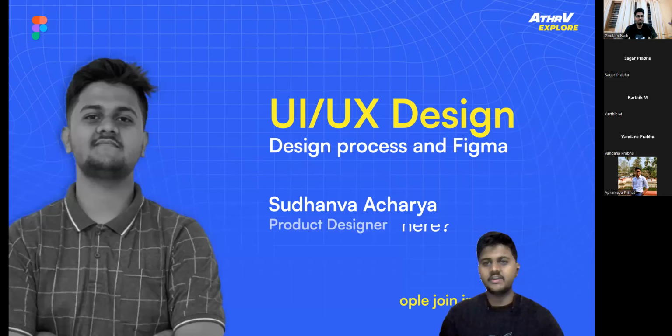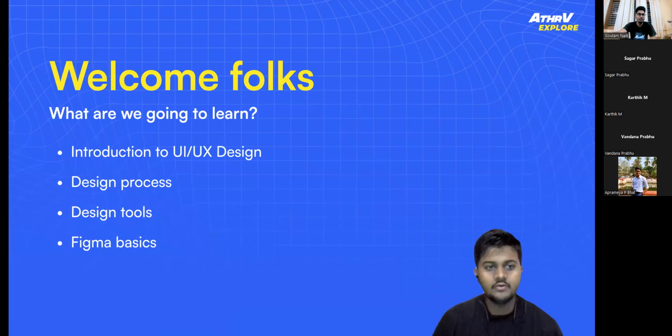So now what are we going to learn in this session? We are going to learn about introduction to UI UX design, design process, design tools, and Figma basics. So we are going to cover 4 different topics. One, give you a brief introduction about what UI UX design is and how it is impacting building tech products.